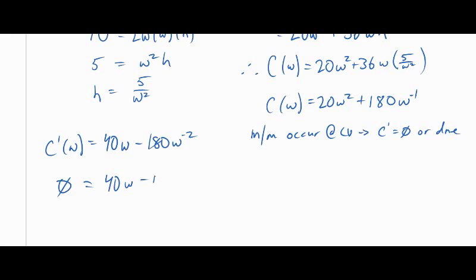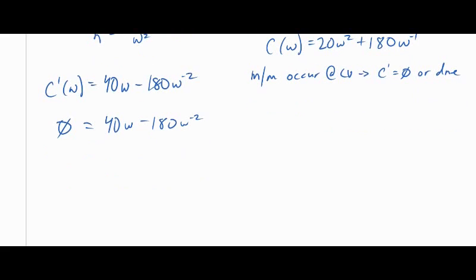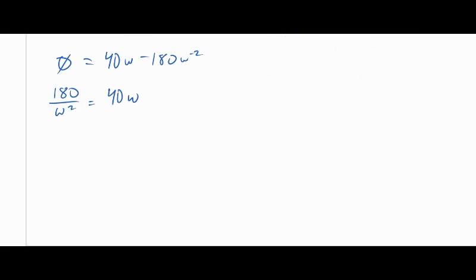Okay, so 0 equals 40w minus 180w to the negative 2. Moving the negative 180 over, I'm going to bring the 40 over and simplify that fraction.